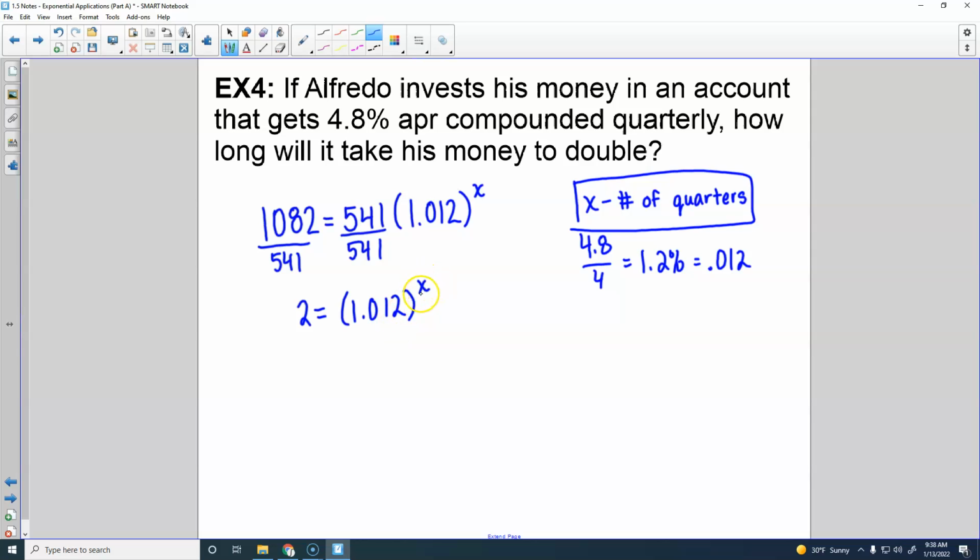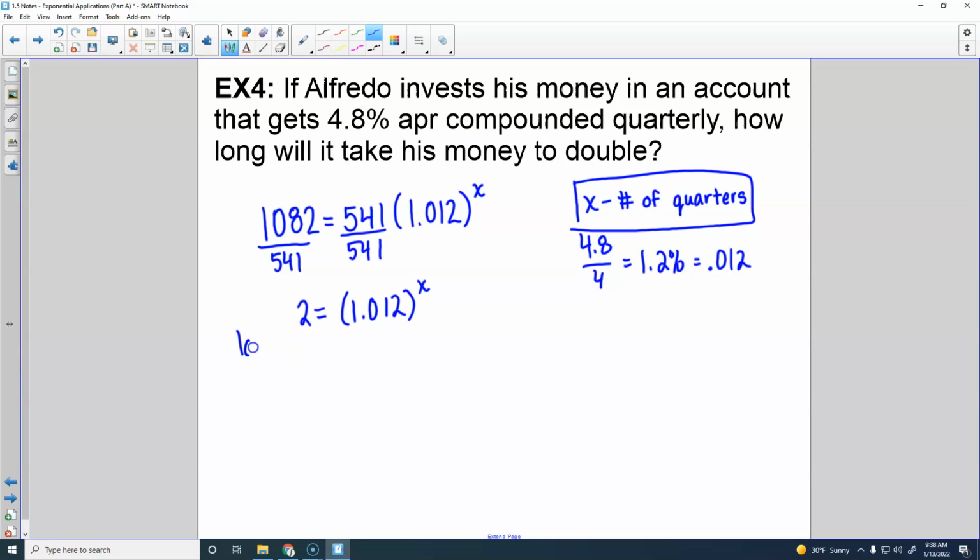So at this point, what am I going to do to solve? The x is in the exponent. This is where our logs come in. Here's where we differ from what we were doing in Math 1. In Math 1, graphing it on the calculator was the best we could do to solve this. But we know how to solve it now because we know how to do logs. If I have a base raised to an exponent, the log with that base gets rid of it, right?